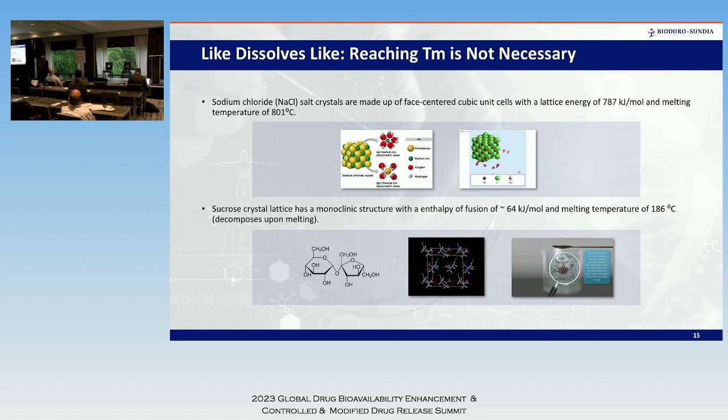And the same with sugar. When we put the sugar in water, we are relying not on ionic interactions, but on hydrogen bonds to break that crystal lattice. So why not look at the polymer and the drug in the same manner, and look at a drug that is going to be amorphized within a polymer matrix using hydrogen bonds or using ionic interactions. So I worked at Evonik.